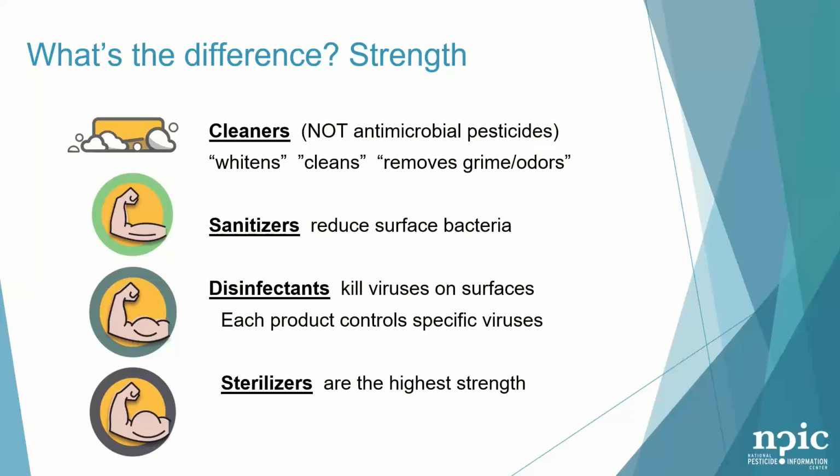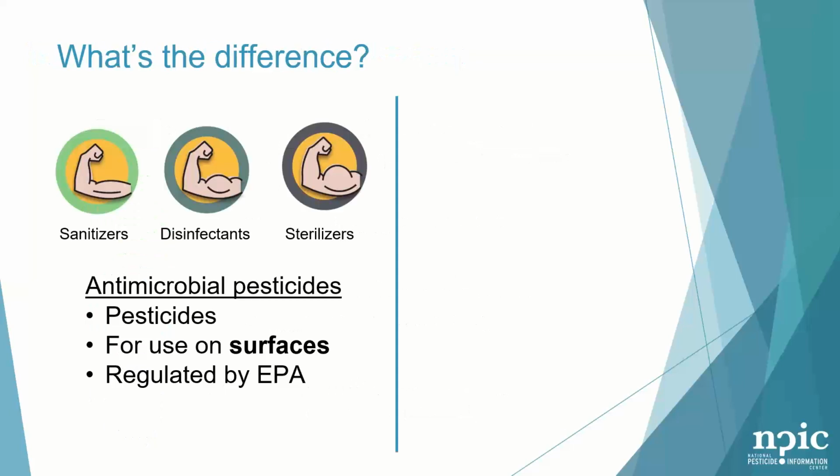And with increasing strength, there's often increasing potency, which could mean increasing risk. So something that is a higher potency chemical that kills more germs may have a higher concentration of active ingredient, or it may have a harsher chemical. So that's something to keep in mind. But overall, these are all antimicrobials, and we will just refer to them moving forward as disinfectants. You can go to the next slide.